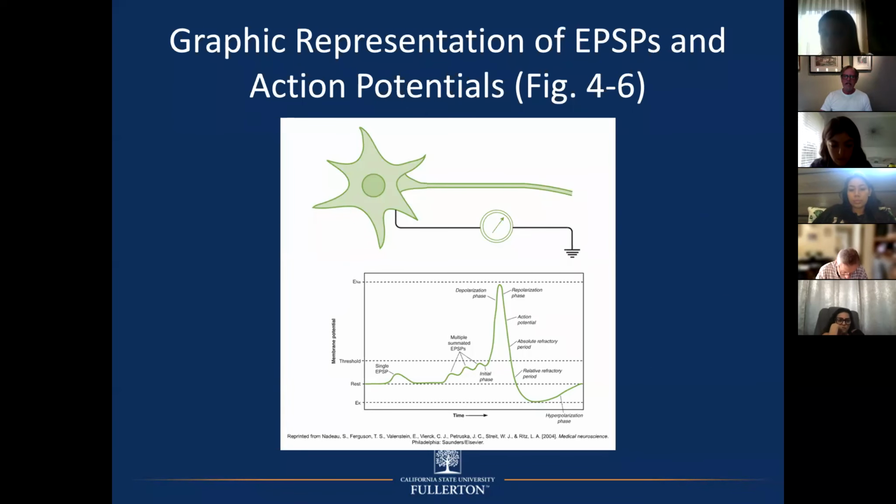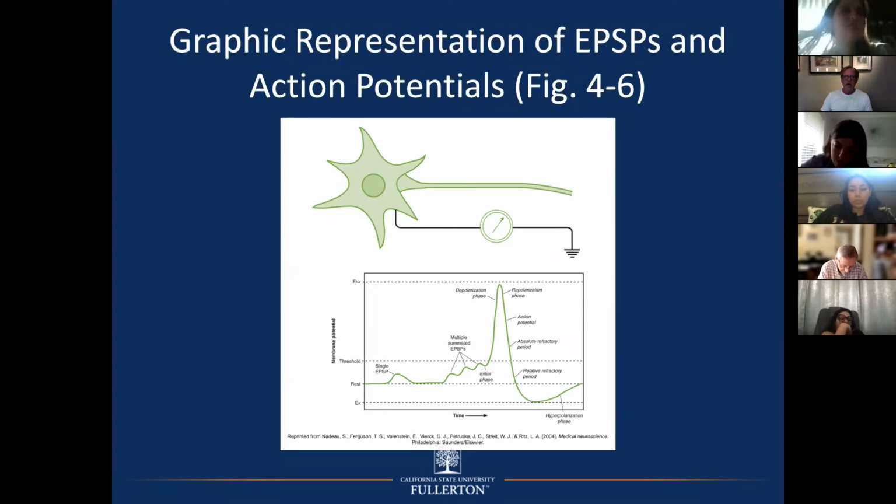Okay, now this is just a representation of the voltage across a membrane across time. So here we have the voltage, here we have time, and here we have at rest. It doesn't label it, but at rest, we know that voltage is minus 70 millivolts.